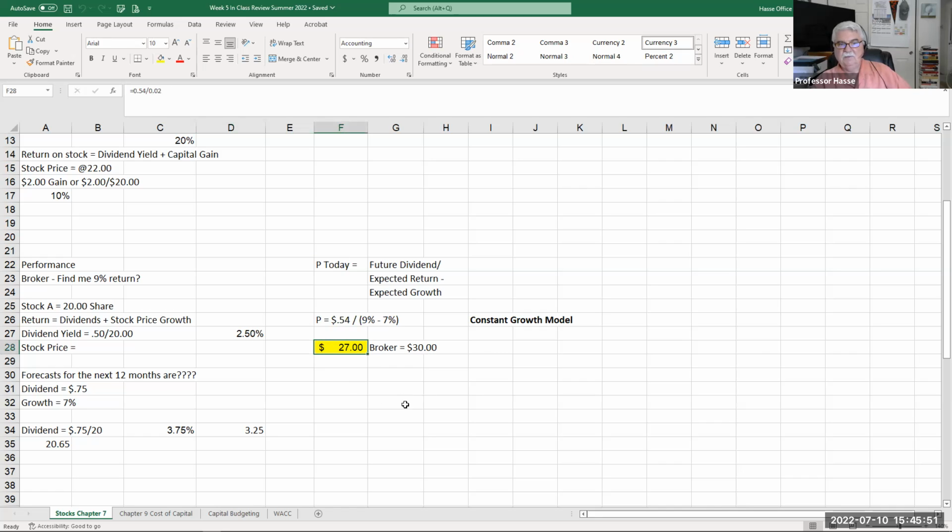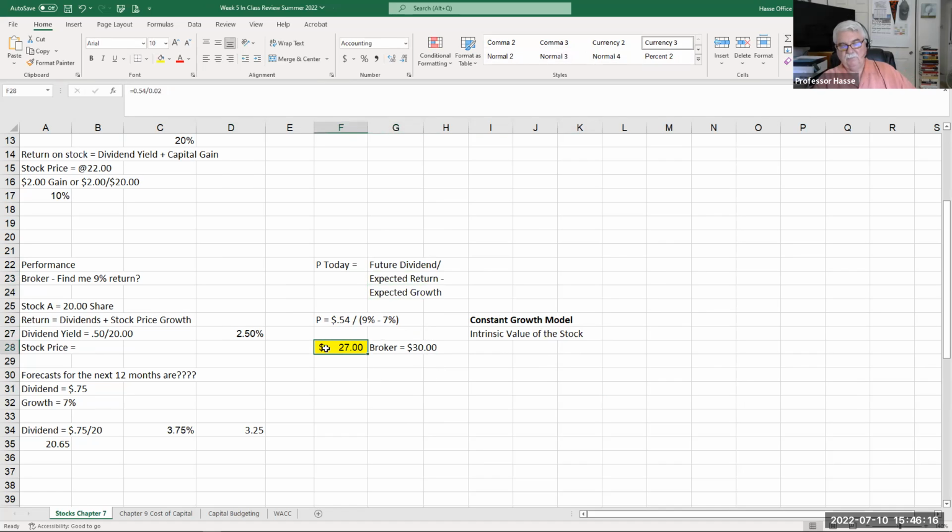I will get $27 a share. That's called the intrinsic value of the stock. What does intrinsic mean? What's the true value of the stock in relationship to market indicators? Dividend, expected return, and expected growth.